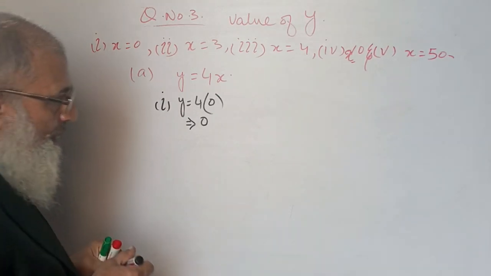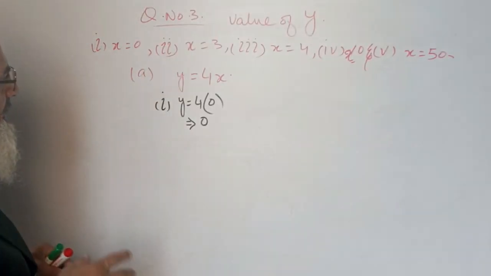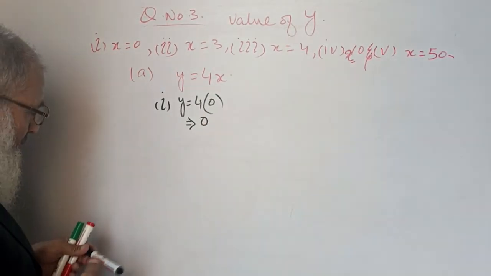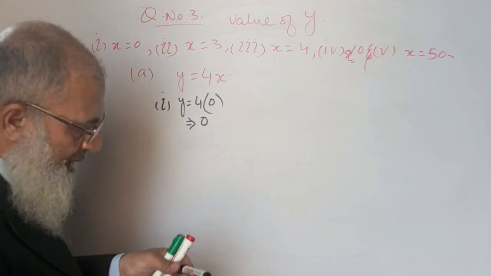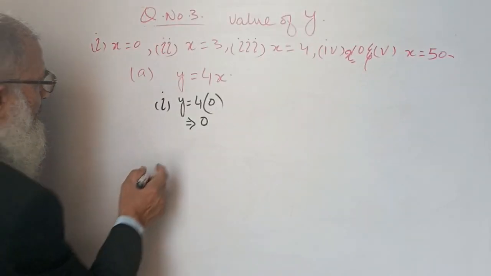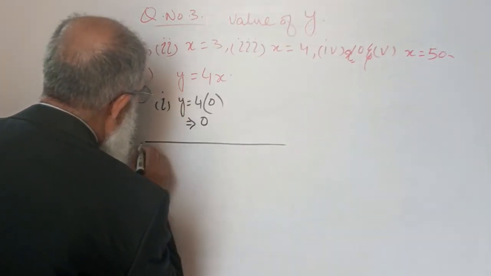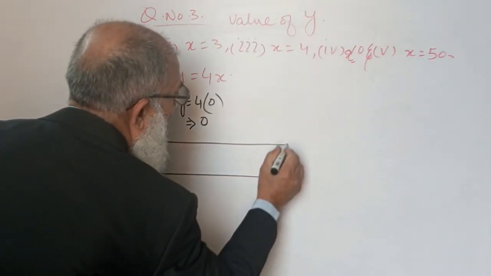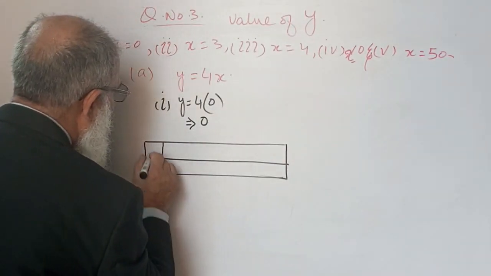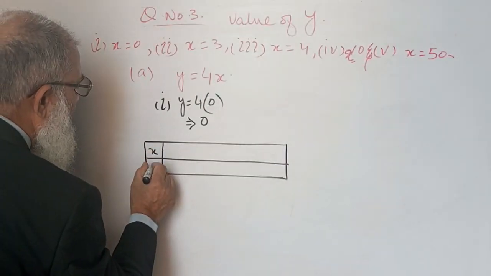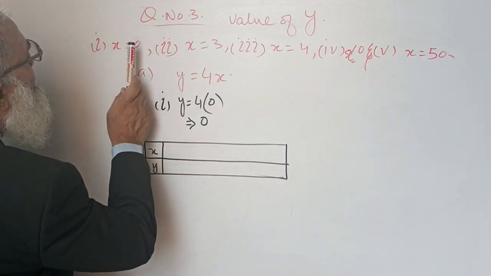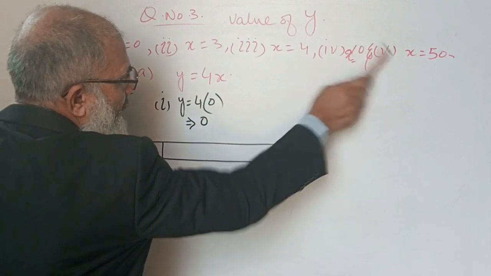Now there are two ways of writing this coordinate over here. You remember that we draw a table in our examples like this. Now this was x, this was y, and how many values are given? 1, 2, 3, 4, 5.